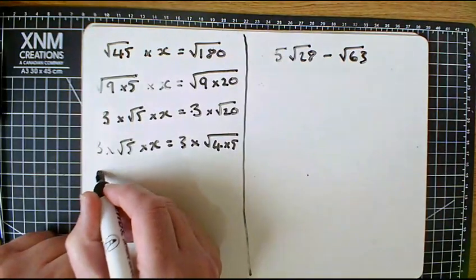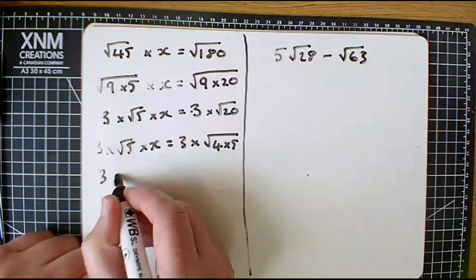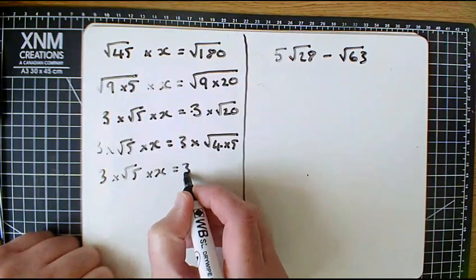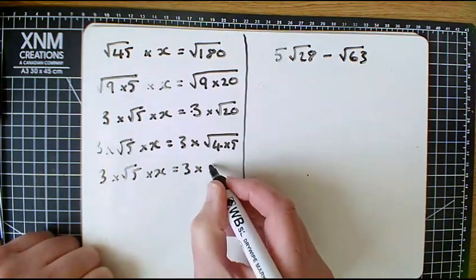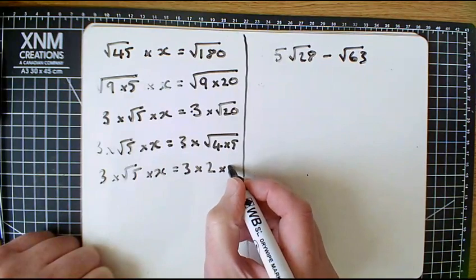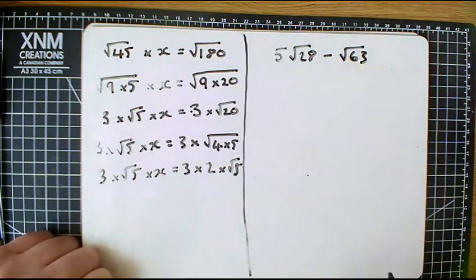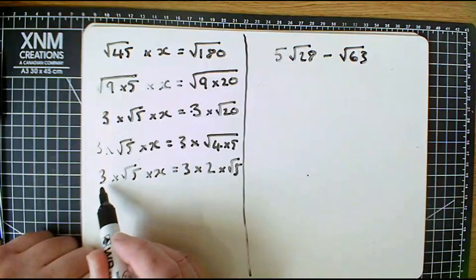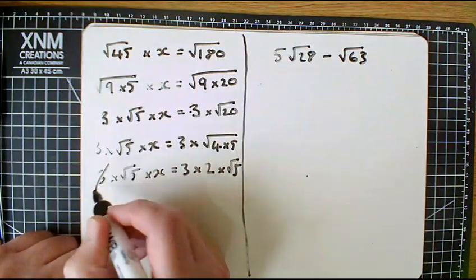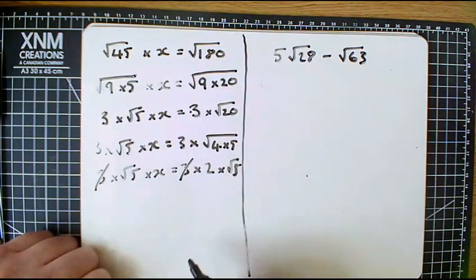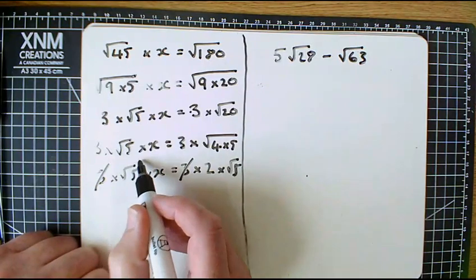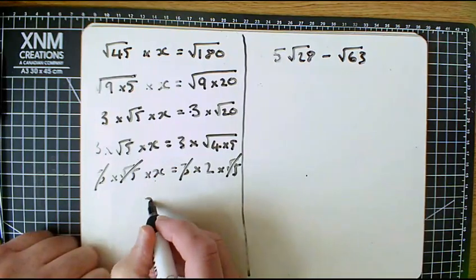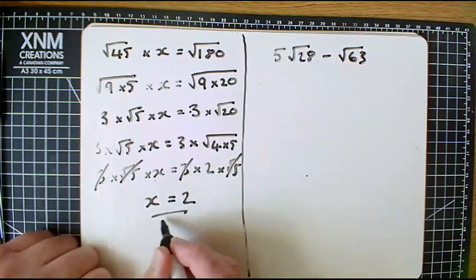So that gives me 3 times the square root of 5 times x is equal to 3, well, the square root of 4 is 2, times the square root of 5. Now what I'm going to do is just cancel things out. I can divide by 3, which will cancel out the 3s here. I can also divide by the square root of 5, which will cancel these out, leaving me with x is equal to 2.